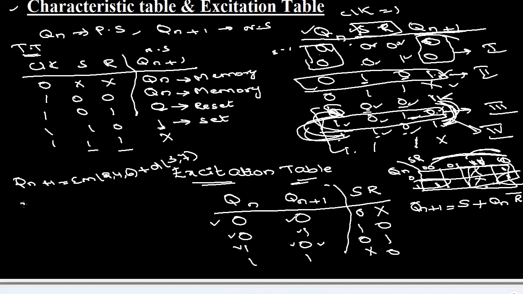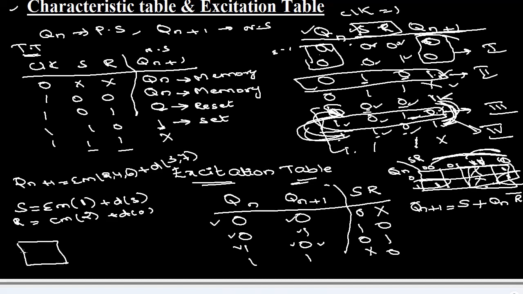Now finding the excitation equation. S equals sigma m of 1 plus don't care of 3. R equals sigma m of 2 plus don't care of 0. This K-map is for S, with Qn as one variable and Qn plus 1 as the other. The first cell is 1 and the don't care cell is 3, so we form a pair.